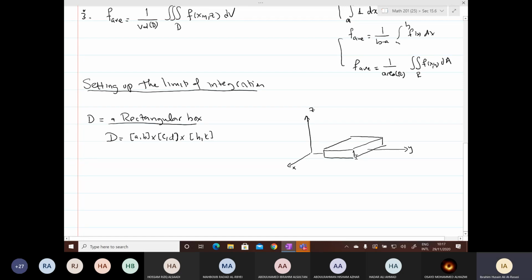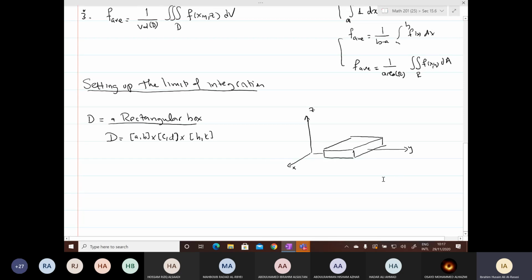This is a rectangular box. In double integrals, we have a rectangular region, with x and y intervals only. Here you have a solid, so you also have to consider the z interval, h to k. It is a generalization from a rectangle to a rectangular box.